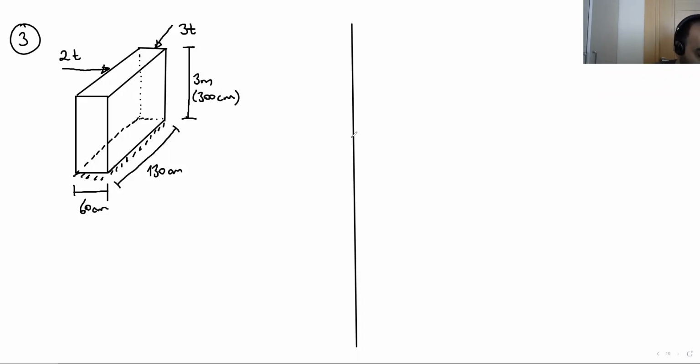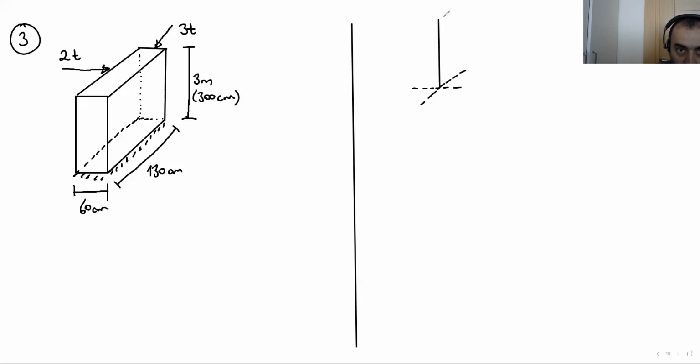Okay, let's do it. Basically, this is a structural system like this: a vertical cantilever. Depending on this, we have this axis system and this axis system.